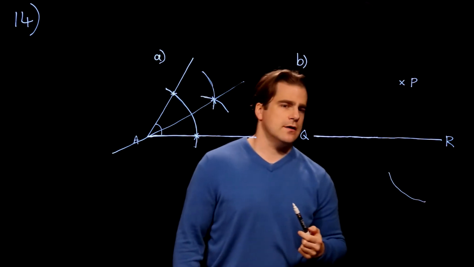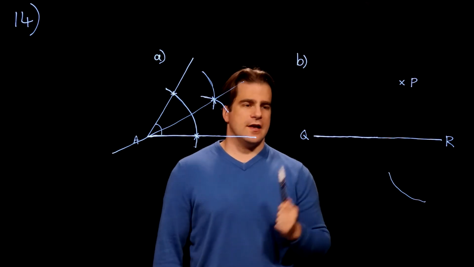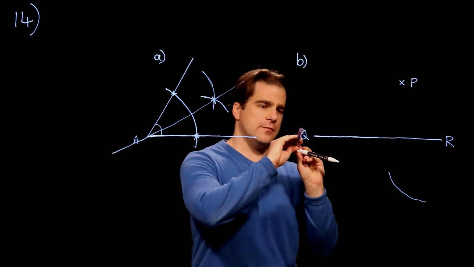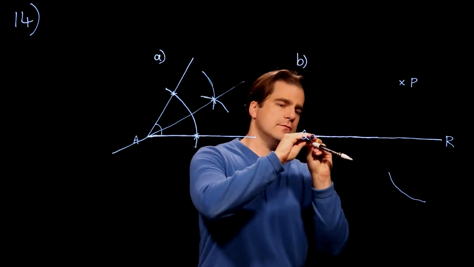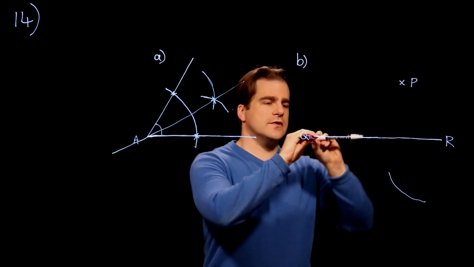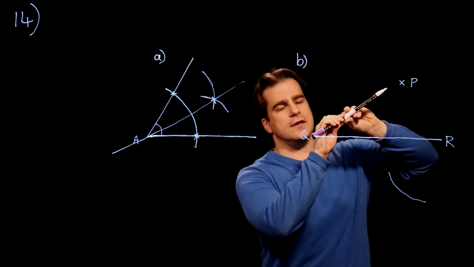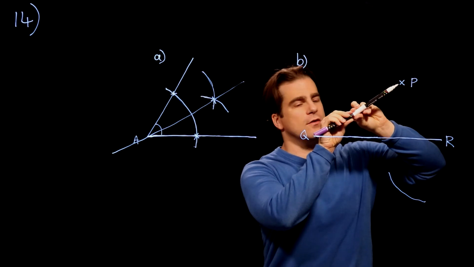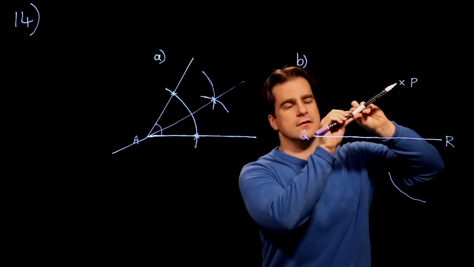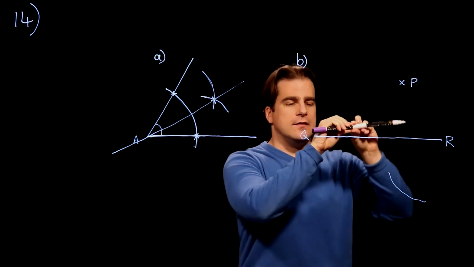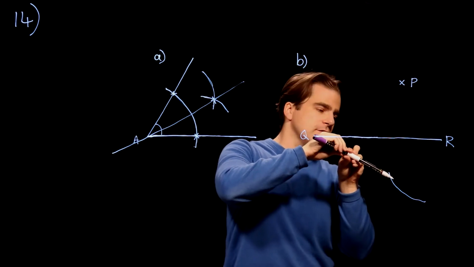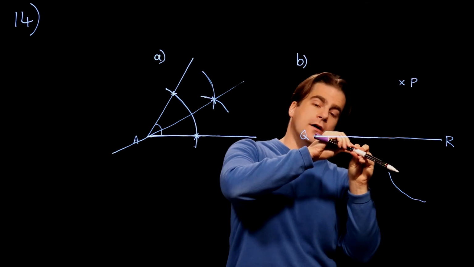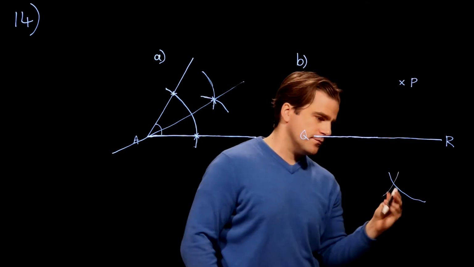And then do the same again at Q. Stick the spike of the compass in at Q, set the length so the pencil lands on P. This isn't quite long enough, but it's close enough. You get the idea. And then keep the spike in at Q and draw another arc like that.